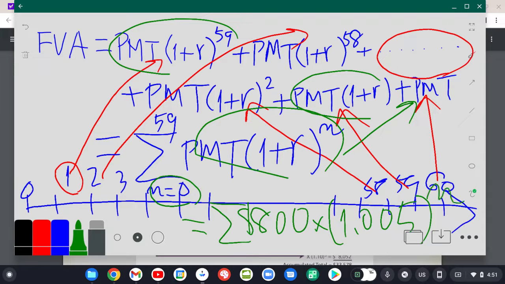If you do it like this, you'll have to do 800 first when n is 0, plus 800 times 1.005, plus 800 times 1.005 squared, and you have to do it 60 times because there are 60 terms. Then it's crazy. I mean, you can't.